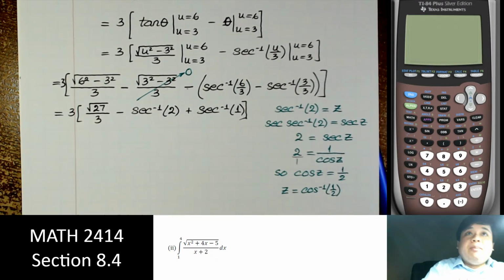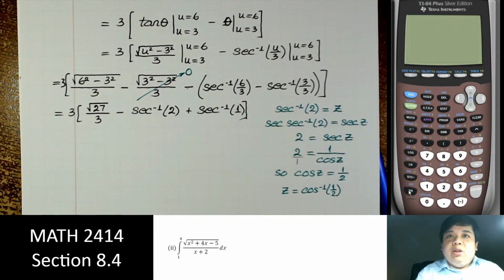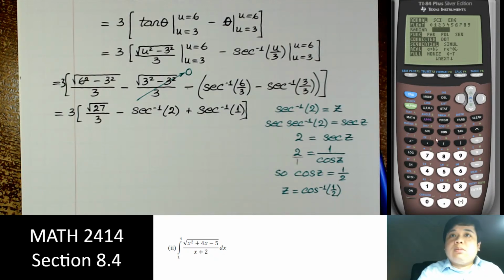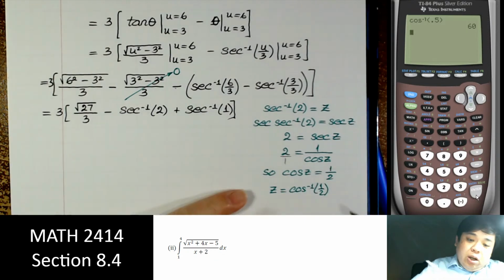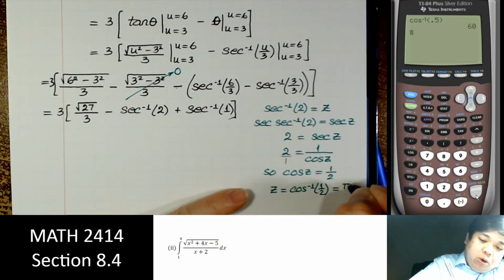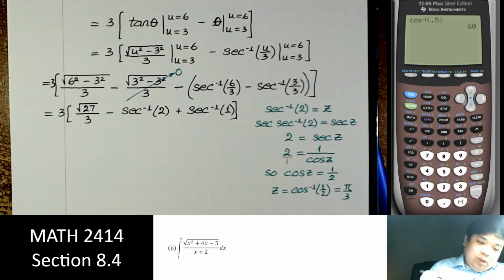When I need that, I can use the calculator. Usually for inverse I will keep it in degree mode. Cosine inverse of 1/2 is 60 degrees, which is pi over 3.